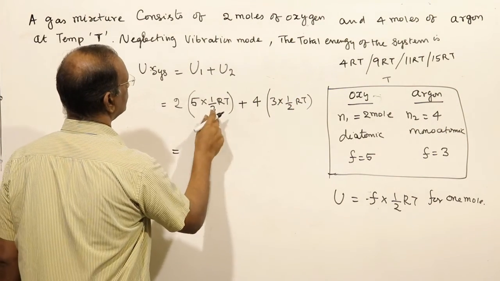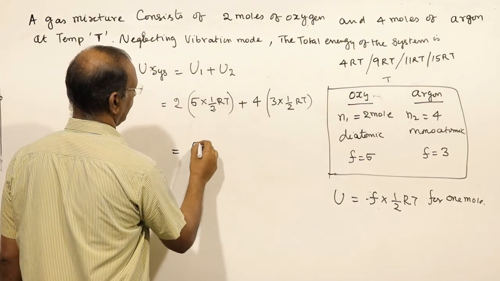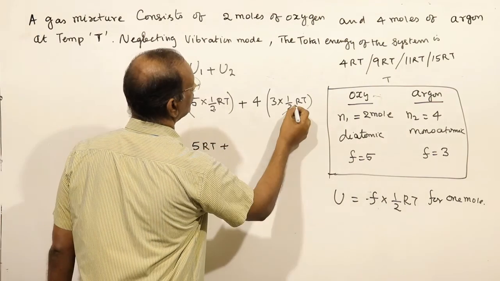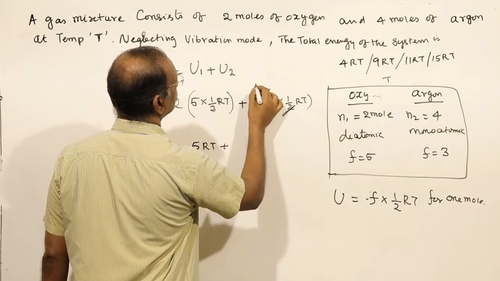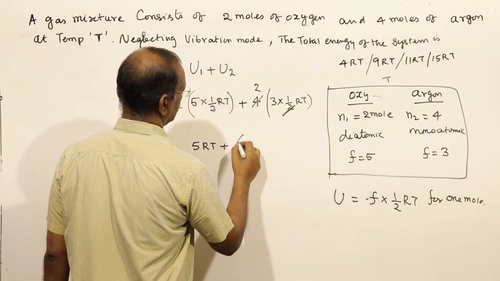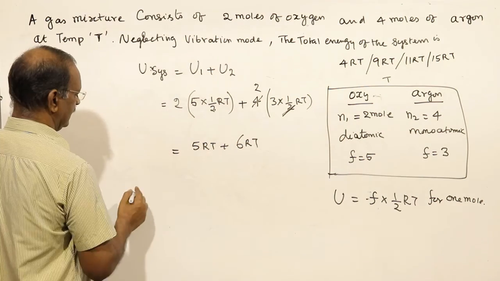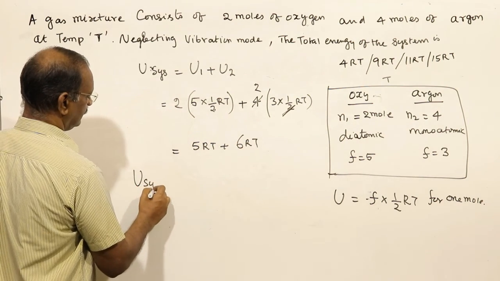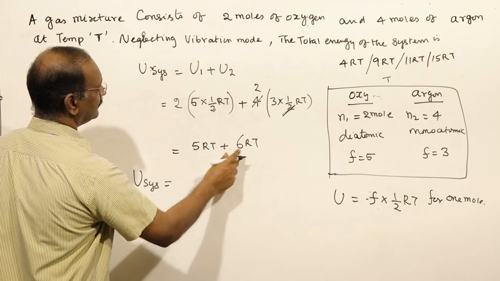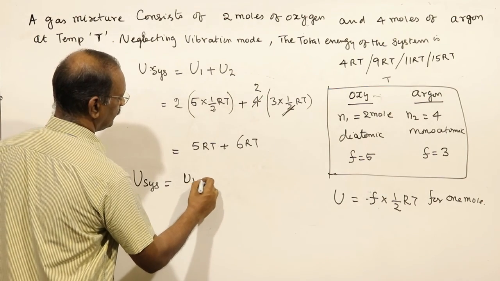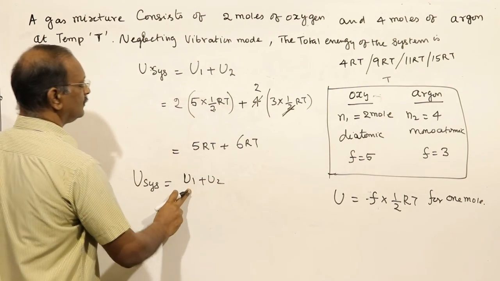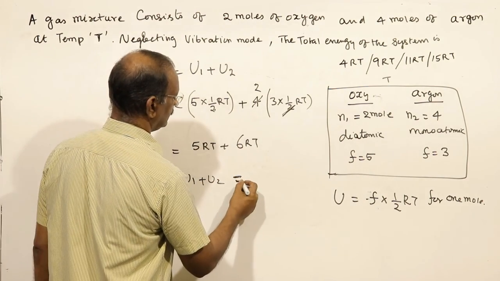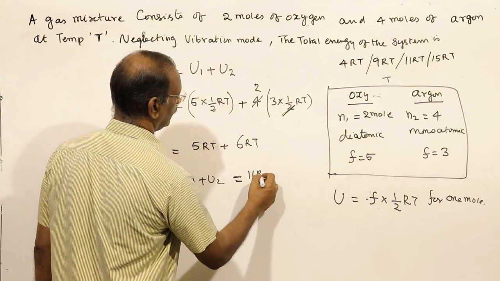So this cancels, 5 RT plus, this becomes 2 into 3, 6 RT. Therefore the energy of the system, U1 plus U2, is equal to 5 RT plus 6 RT, which is 11 RT.